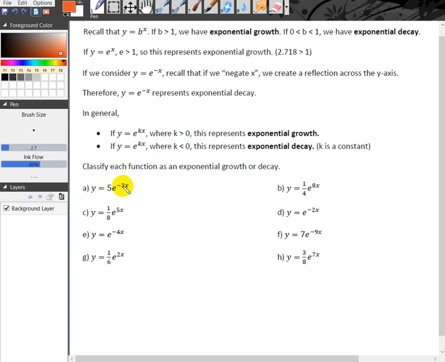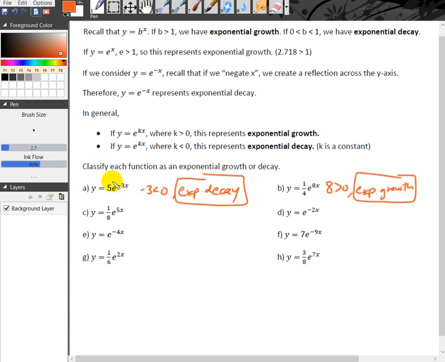Based on what I see here, we have 5 times e raised to negative 3 times x. So negative 3 is less than 0, so this is going to represent exponential decay. Then, when we look at this one, 8 is greater than 0. That's going to represent exponential growth.